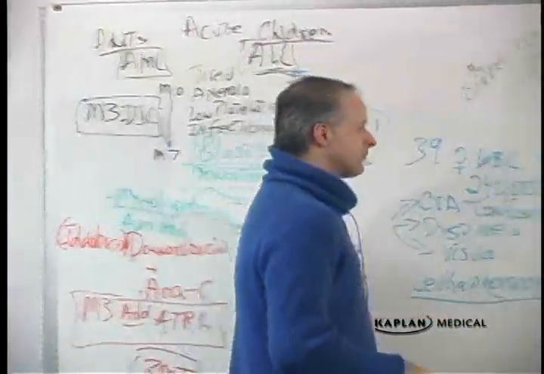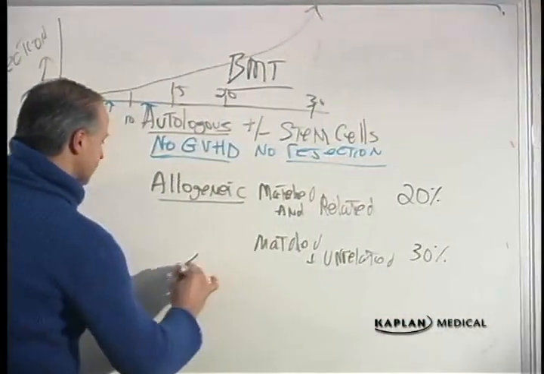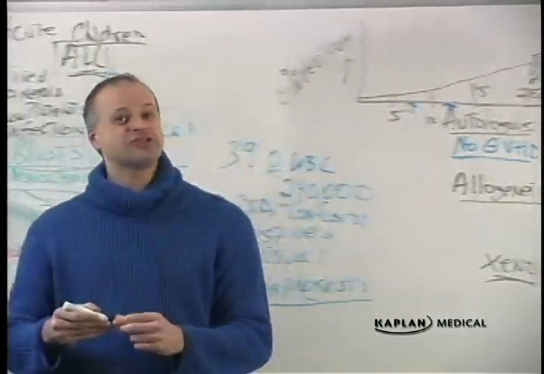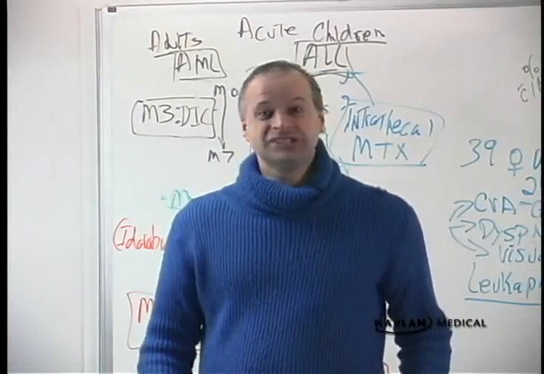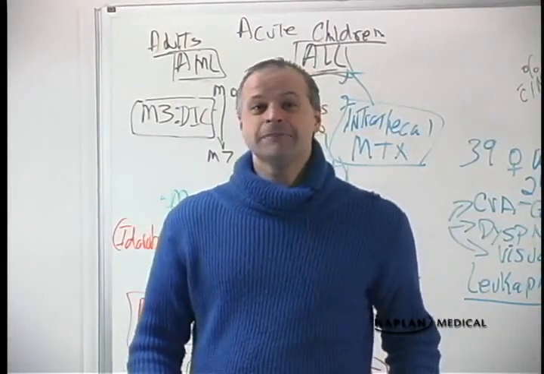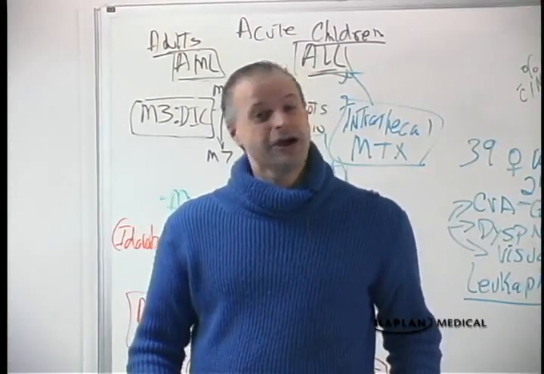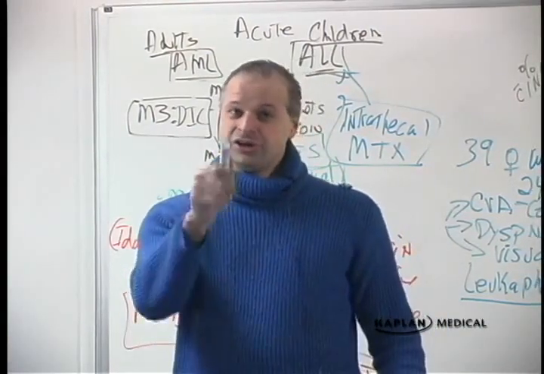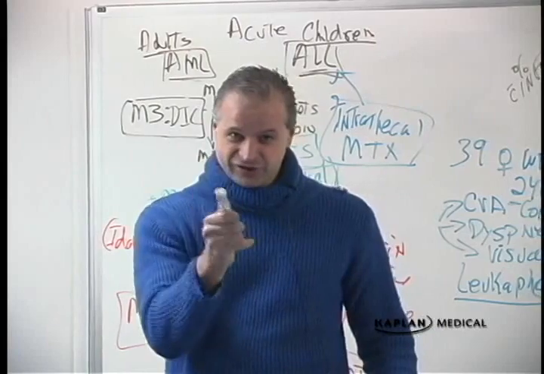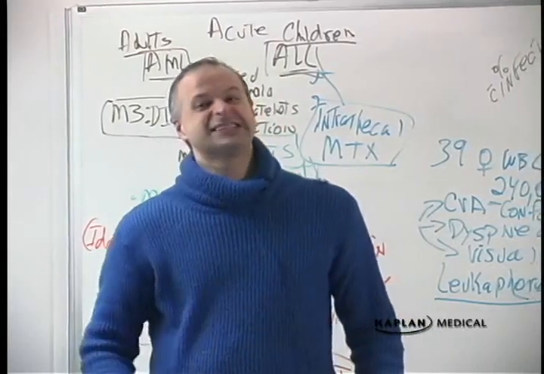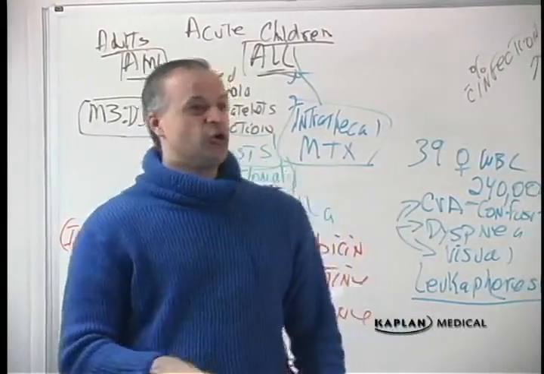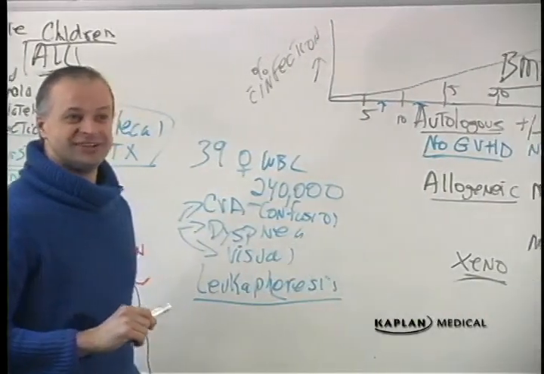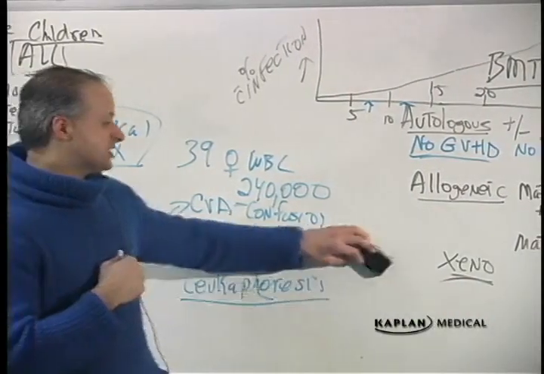The last type of transplant, what about a xenograft? What does xenograft mean? Xenografting means you're getting a transplant from outside your own species. And the answer is, you never date outside your own species, except one part of the body where you would use a transplant from another species. The heart.